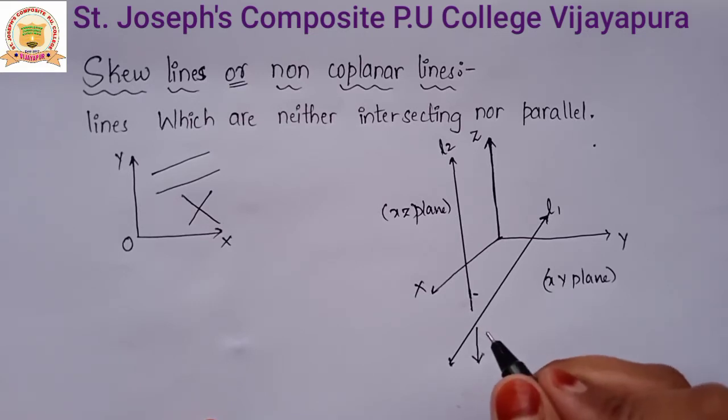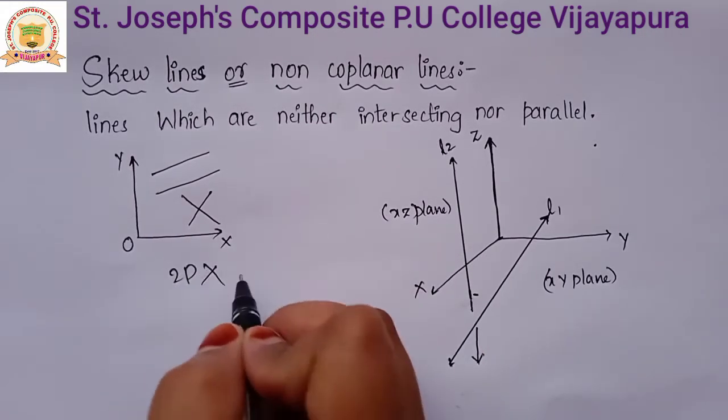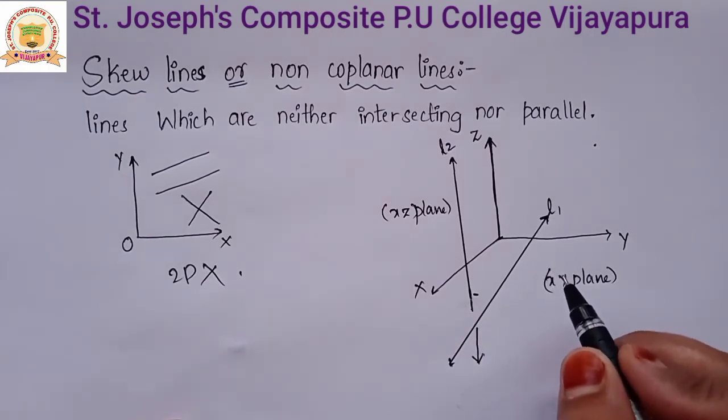So skew lines come as a new concept in 3-dimensional geometry, but such lines do not exist in 2D. The skew lines are not present in 2-dimensional axes, but the skew lines or non-coplanar lines are present in 3 dimensions.